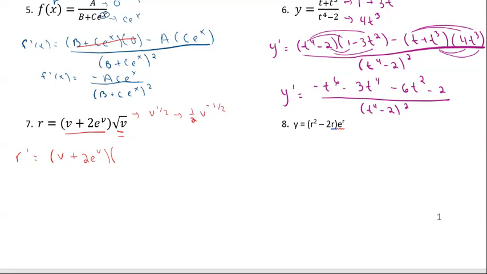So that will be 1/2 v to the negative 1/2. And then plus the second, well, the second was that square root of v, or v to the 1/2, times the derivative of the first. Well, let's figure that derivative out. The derivative of v is 1, and then the derivative of 2e to the v is 2e to the v. There we go.